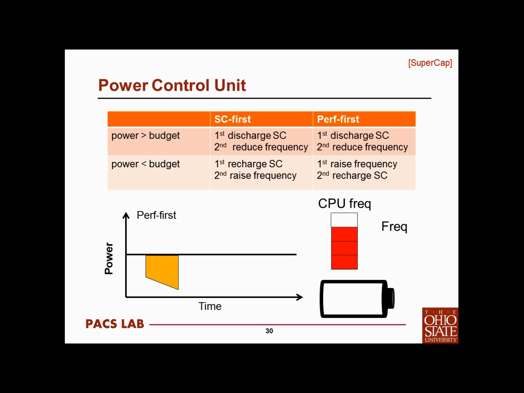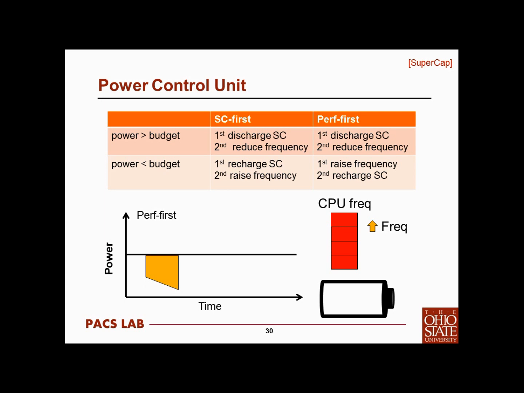If the power consumption of the system is currently lower than the power budget, then we have two options. We can either increase the frequency of the processor to increase the power usage, or we can recharge the energy storage device to reserve the energy for later use. Since in this perf first scenario we want to give high priority to performance, we first increase the frequency of the processor to improve performance until the frequency reaches the highest available level.